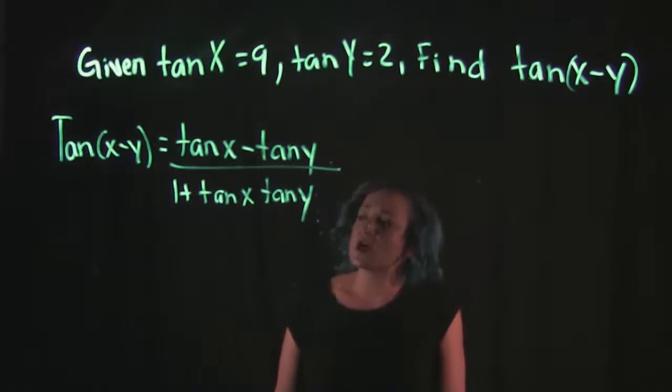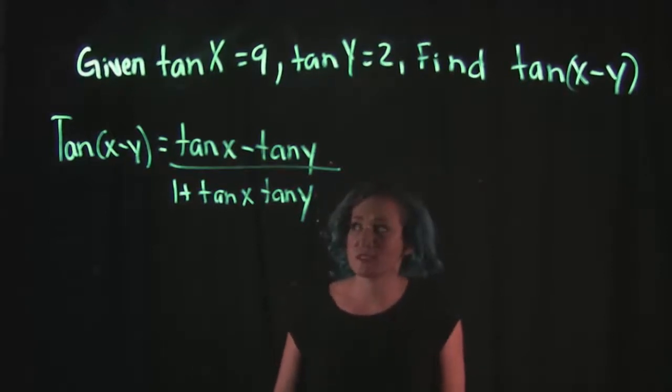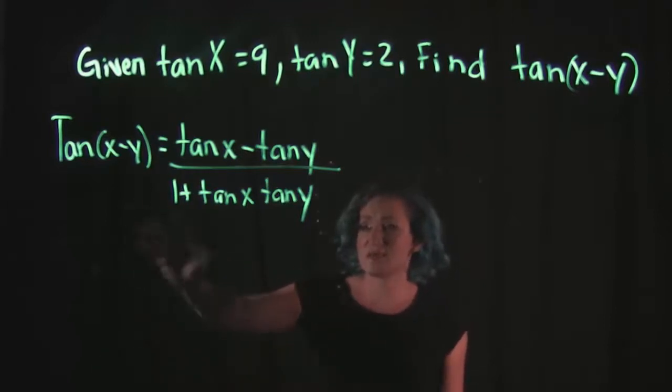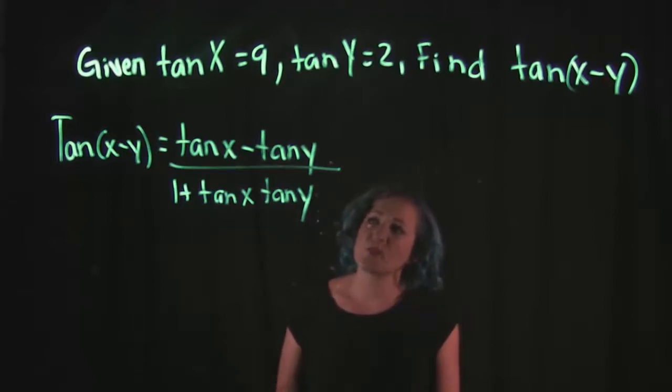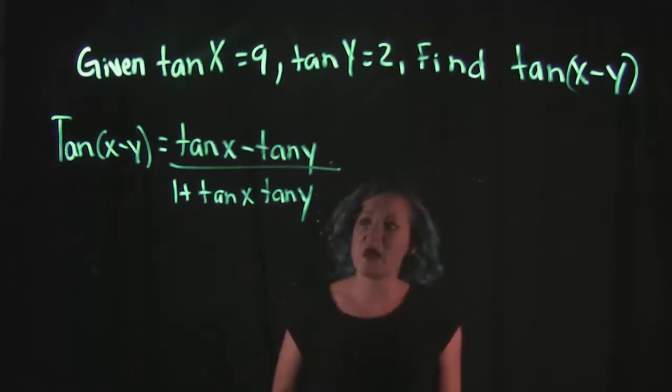All right, so here we're talking about tangent of x minus y. So again, remember that these sum and difference formulas, each one of these formulas is different, whether they're positive or negative. So the negative one, tangent of x minus y, is right over here. Taking a look at this formula, it looks like we need to know what is tangent of x, what is tangent of y. Otherwise, the only other thing we have in here is a 1, so that's fine.